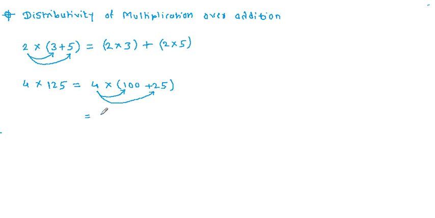So now the calculation becomes much easier. So 4 into 100 is 400 and 4 into 25 is 100. So the answer is 500. So this way, by using this distributive property, we can make calculation easier.